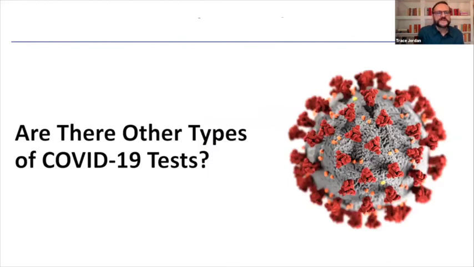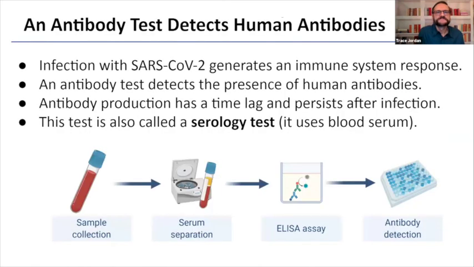So are there other types of COVID-19 tests? And in fact, there are. And the one test that I want to talk about is called an antibody test. Now, that's a little different from the tests that we've already talked about, because an antibody test is not detecting regions of SARS-CoV-2.